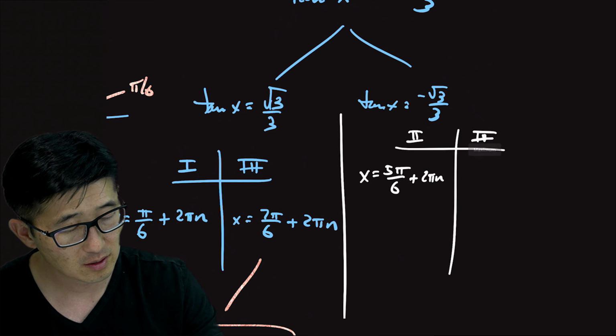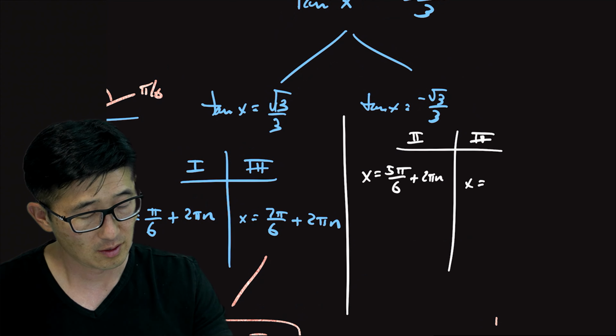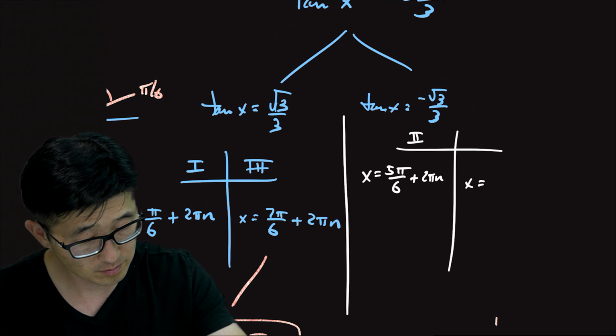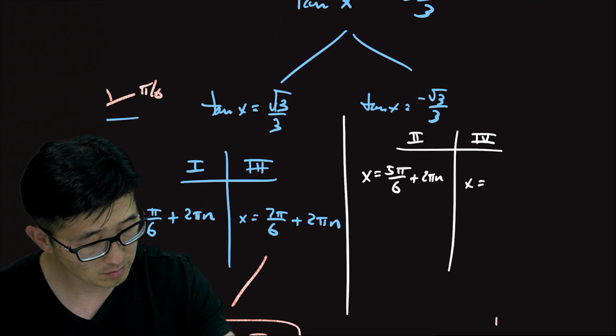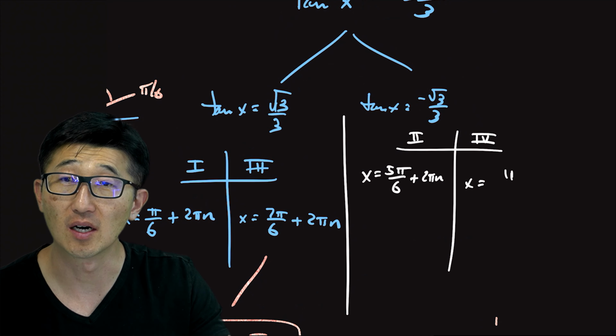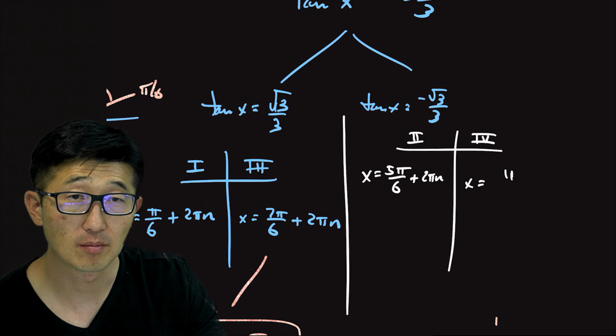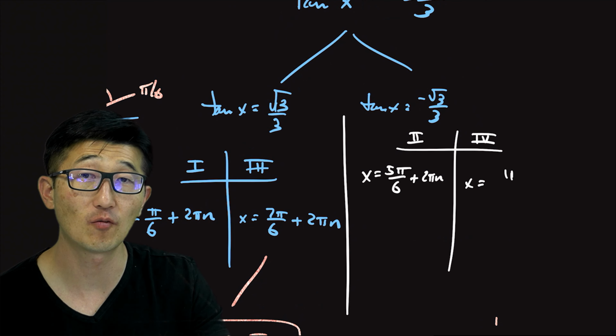Oh, pi n, yeah. And then the other quadrant 4 will be what? It would be 7 pi over 6, 8, 9, 10 pi over 6. Can you go one more? Oh, 11 pi over 6. Yeah, because that's right before 12 pi over 6, right?